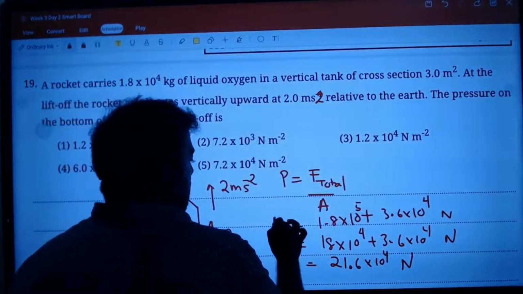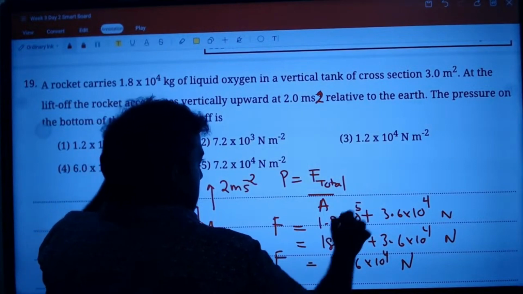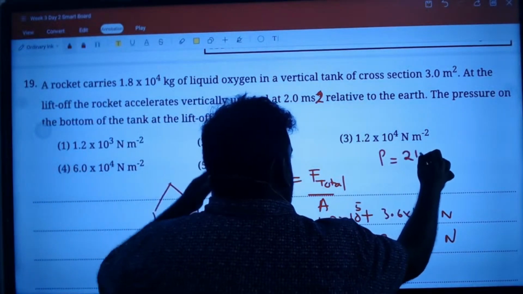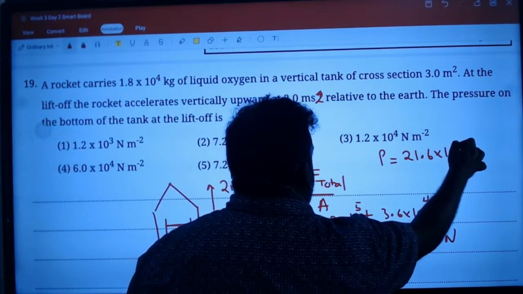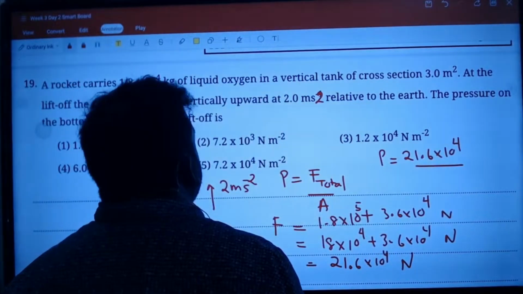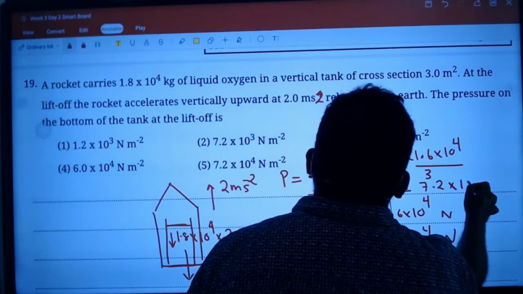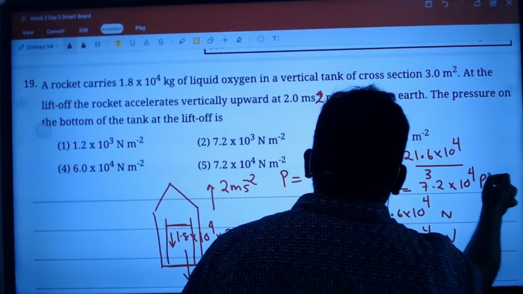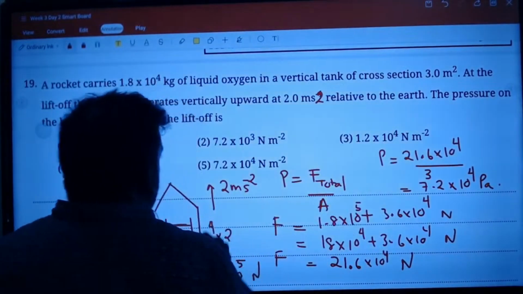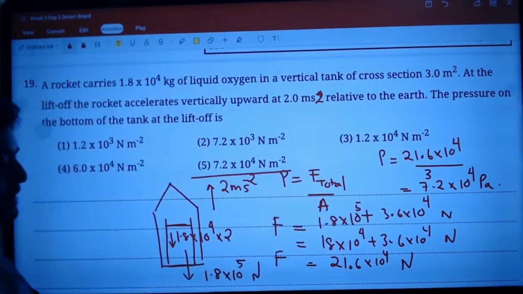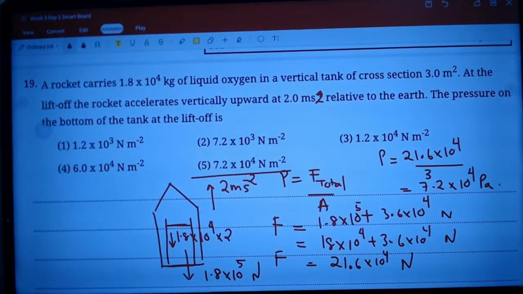So what's your pressure? 21.6 times 10 to the power 4 divided by area, 3. 7.2 times 10 to the power 4 Pascal. Answer number 5. Right there.